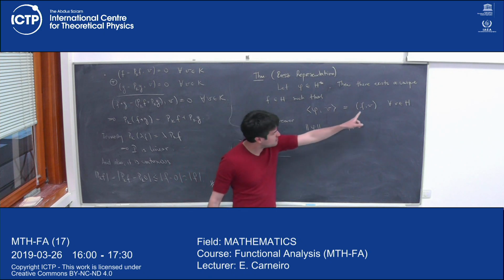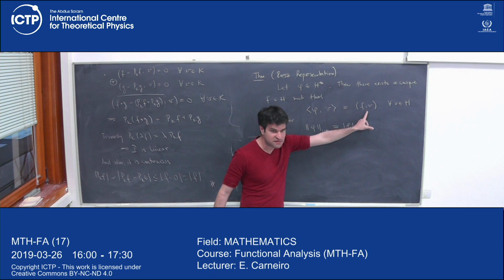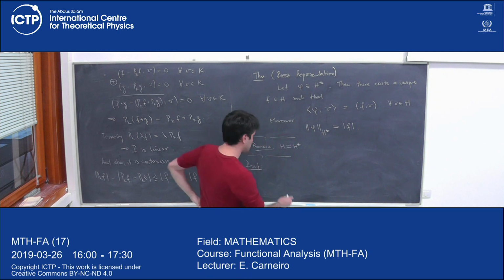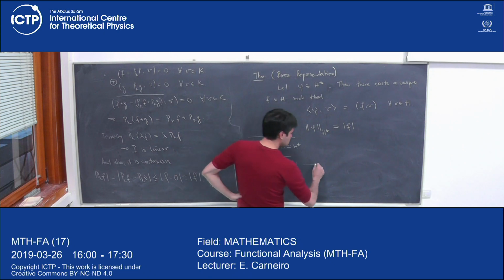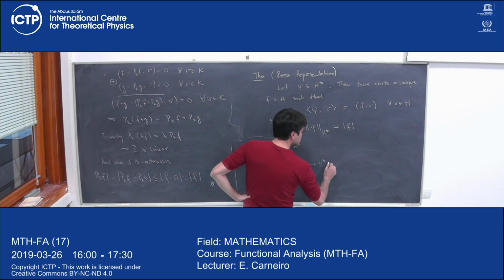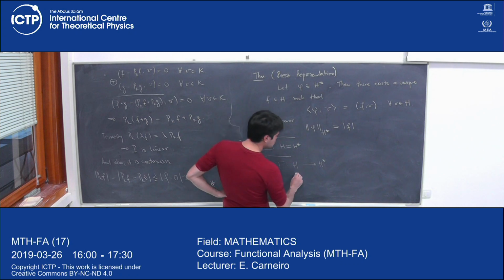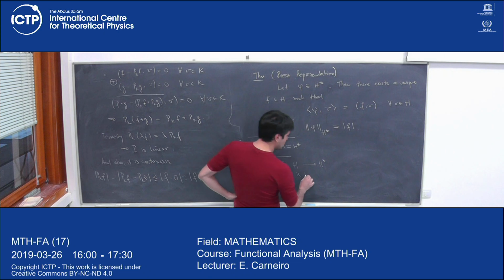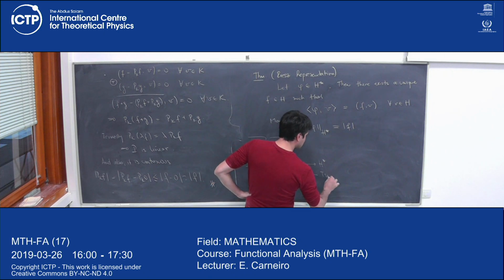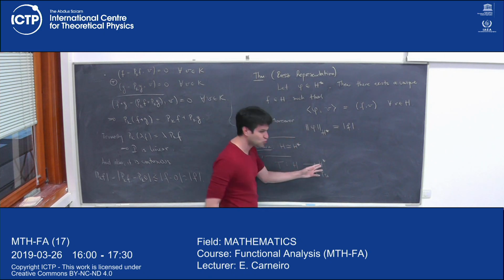So every element like this defines a function. Let me construct that map T that will go from the Hilbert space into its dual. For every element u in the Hilbert space, I will assign an element Tu in the dual.